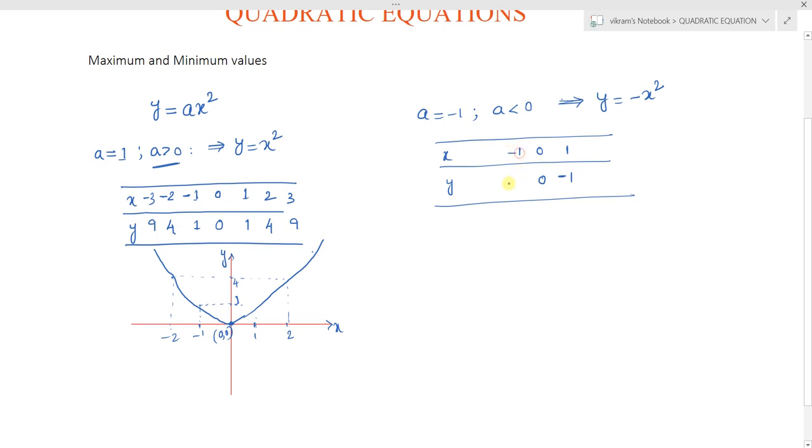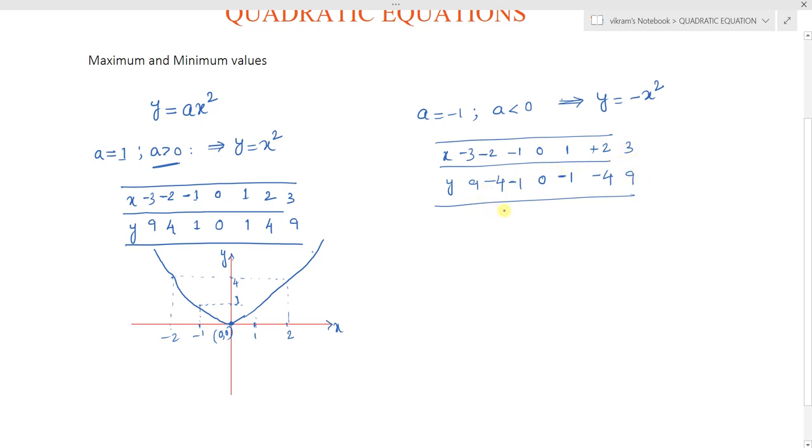For x equals minus 1, we get minus 1, and for x equals plus 2 or minus 2, we get minus 4, and for minus 3 and plus 3, we get the result as minus 9.